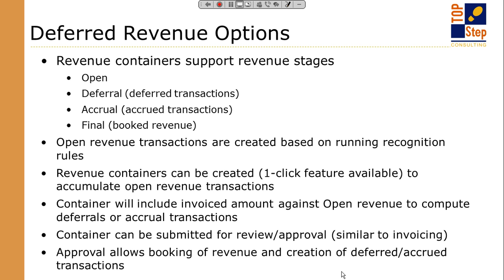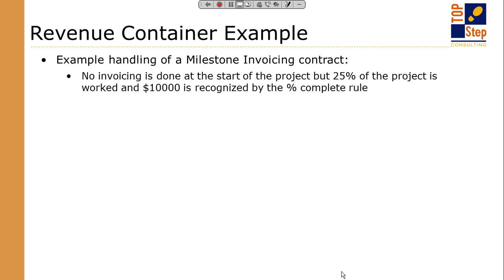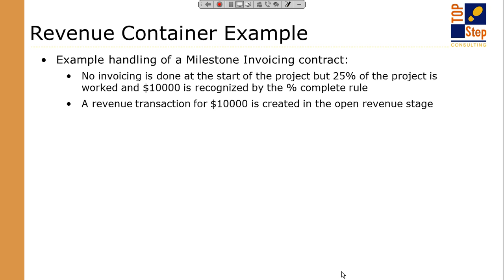I have a scenario here to explain the feature a little bit more. Let's say there's no invoicing done on a project, but you've completed 25% of the work, and your policy is that you can recognize $10,000 based on the percent complete rule. A revenue transaction is generated, so you're still running revenue recognition, but you generate the revenue transaction into what's called an open revenue stage.